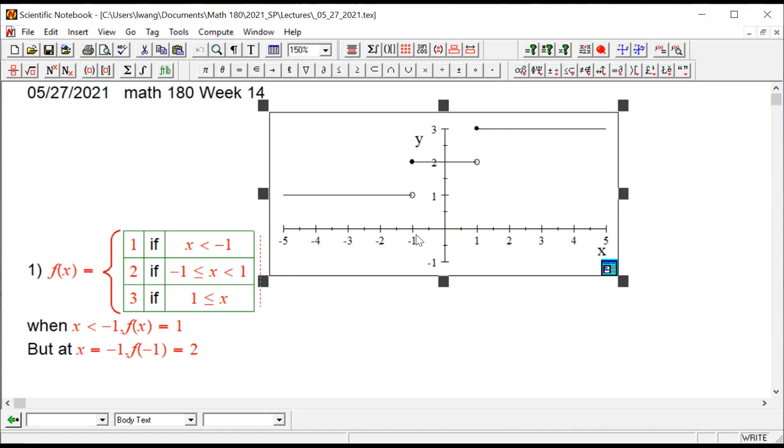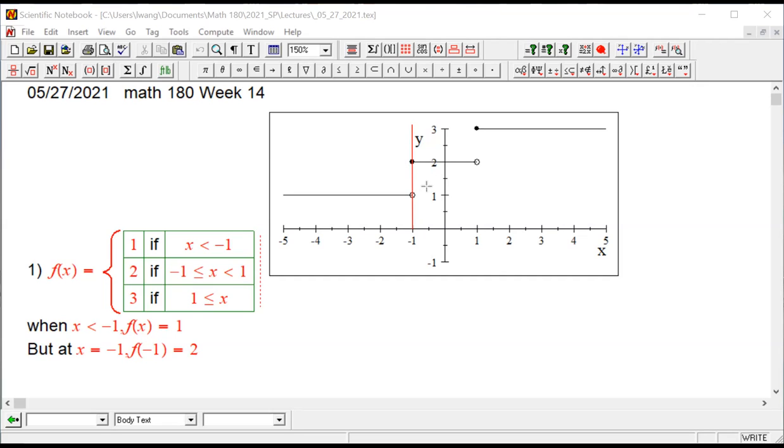So this tells the reader, when the input is less than -1, for this input, you draw the vertical line. Let me make it red. And for the input -1, you draw the vertical line, and the output is 2. Not this one, but the one on the dot.